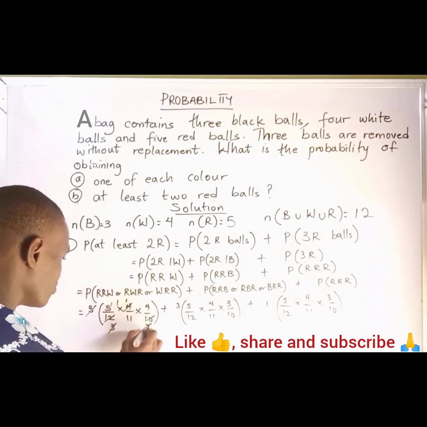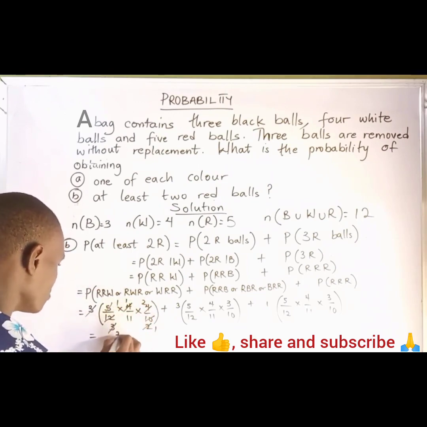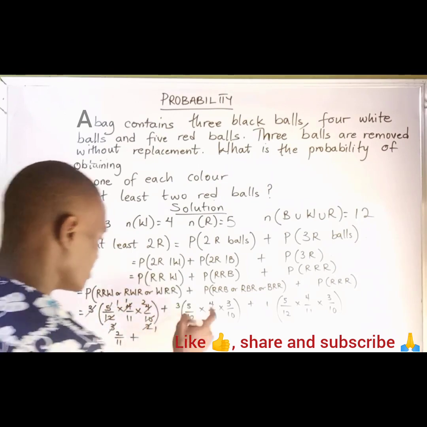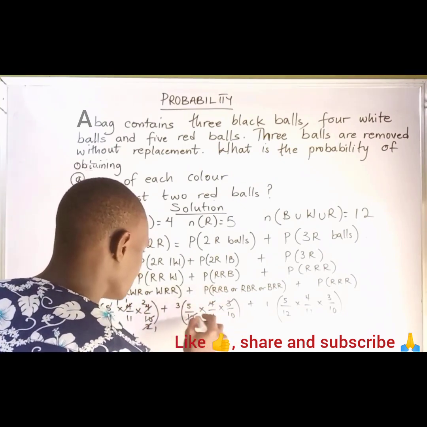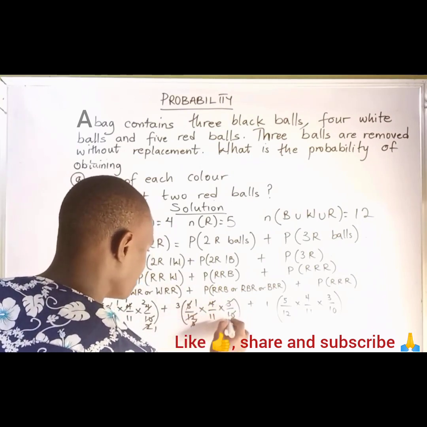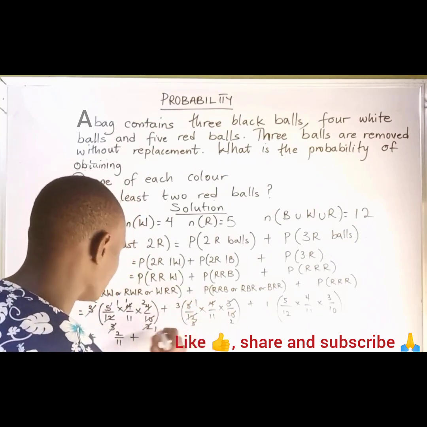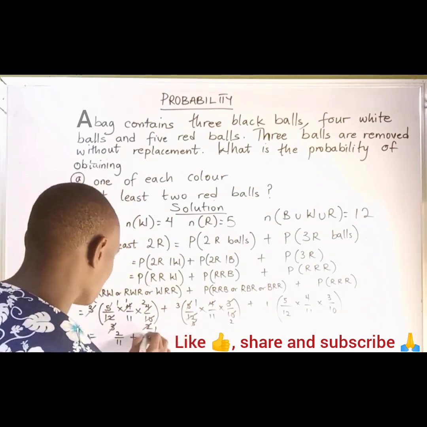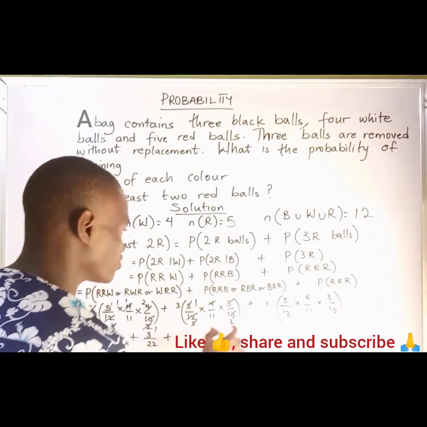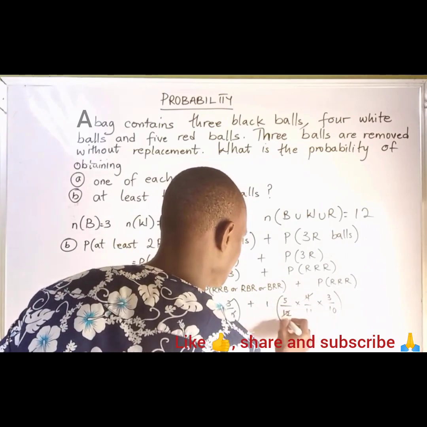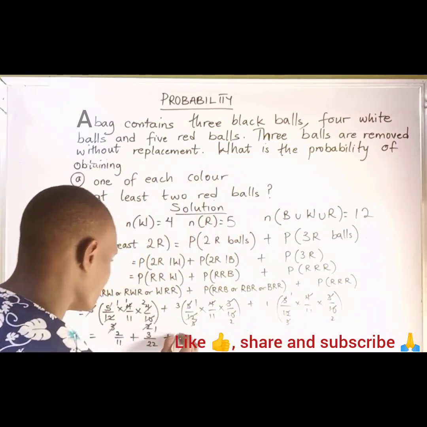Then I'm left with 2/11 for the first part. Next, 4 here is 3, 3 cancels this, 5 here is 1, and 5 in 10 is 2. The total for this part is 3 times 1 times 1, that is 3/22, which is 11 times 2, added to another 1/22.